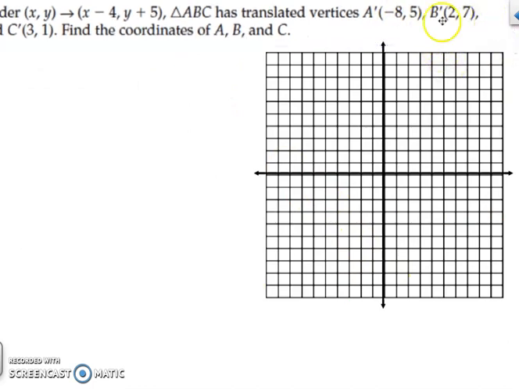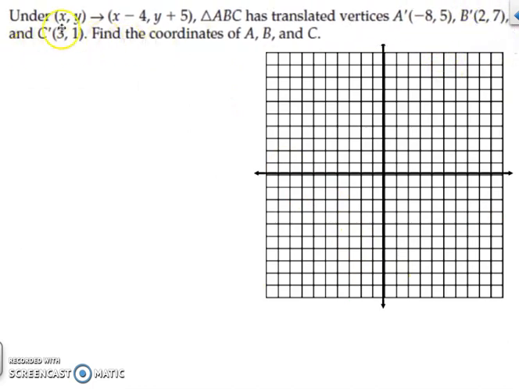Let me make this smaller. So it says under this rule, where x is going left 4 and the y is going up 5, ABC has translated vertices. A prime is here, B prime is here, C prime is here. So it wants us to find the coordinates of ABC. So what they gave us is they gave us the new shape and they want us to go backwards and find the old shape, okay?